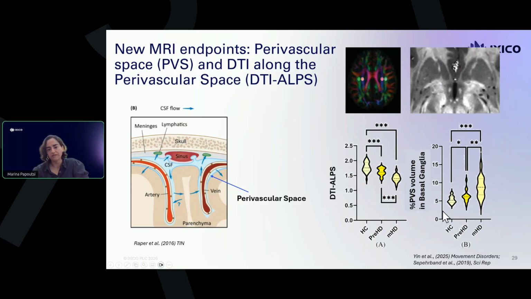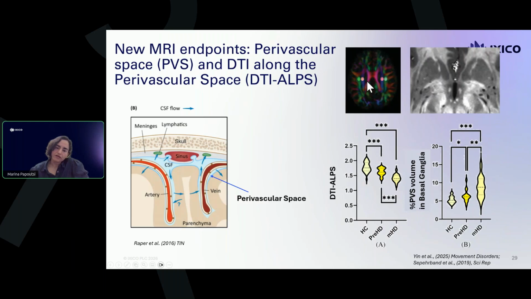At the bottom is a recent paper by Yin et al., looking at percent PVS volume change in the basal ganglia. You can see in controls, then pre-HD and manifest HD, an increase in this volume as the disease progresses. This is a cross-sectional study, so it's not looking at change over time, but at change within each group.